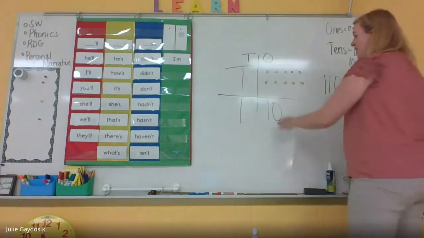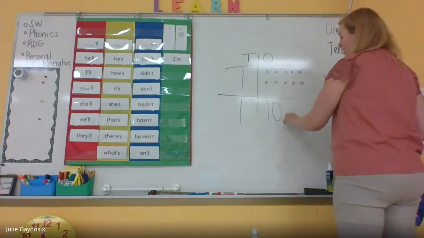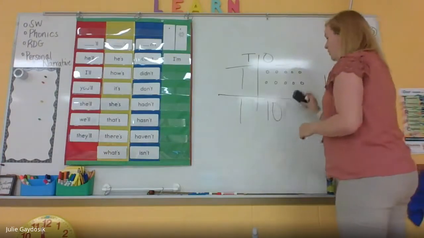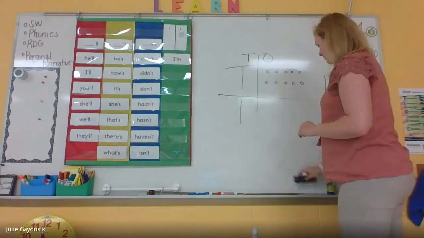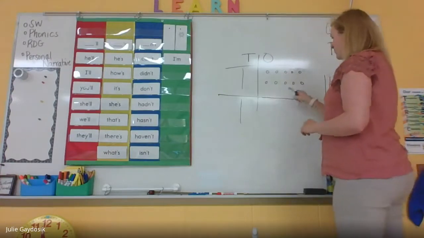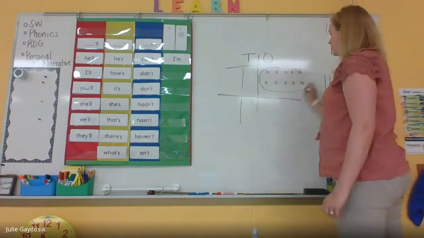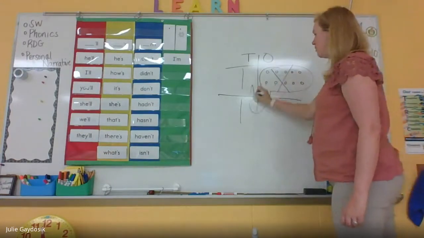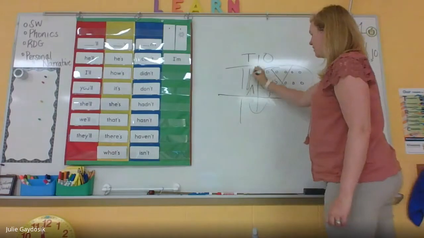So that's why you cannot put the number 10, any number greater than 9, in this spot or in this spot. So in this case, what I would have to do is take this group of 10 and group it together, and I'm going to ship it over and make a new 10.